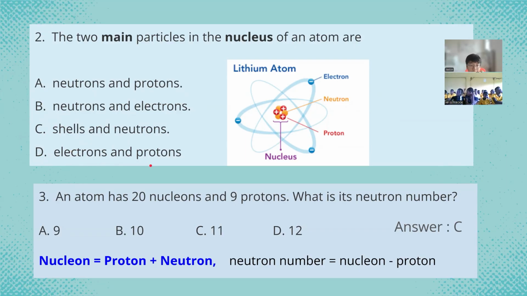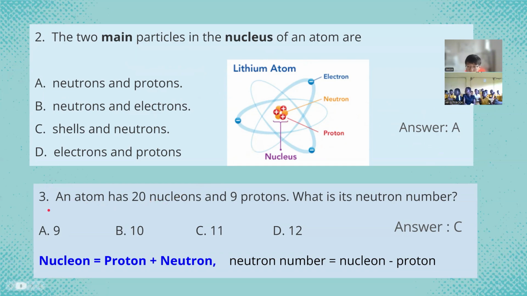Or D, electrons and protons? So who thinks A? You can raise your hand if you think it's A. Yeah, I think I see some people raising their hands. Yes, the answer is A. That's right. Inside the nucleus, there are protons and neutrons.